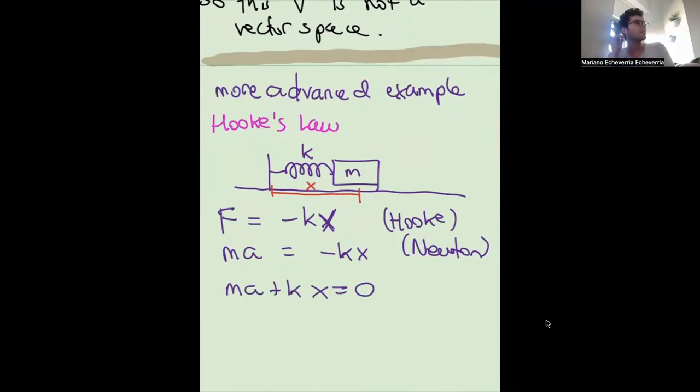But I'm not sure if anyone remembers this: how can you find the acceleration in terms of the position of the mass? There was a way using calculus to find the acceleration from the position. Has anyone seen that before?